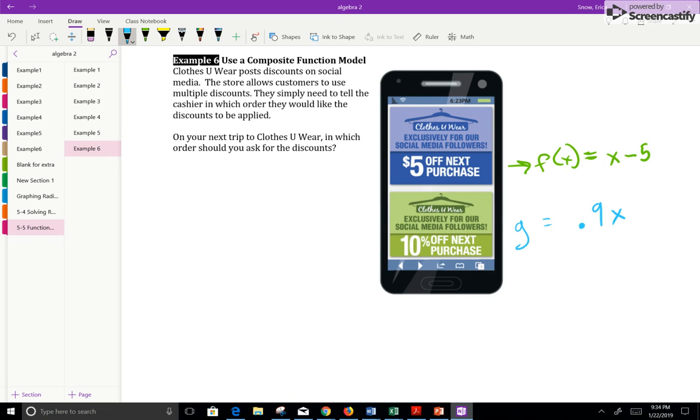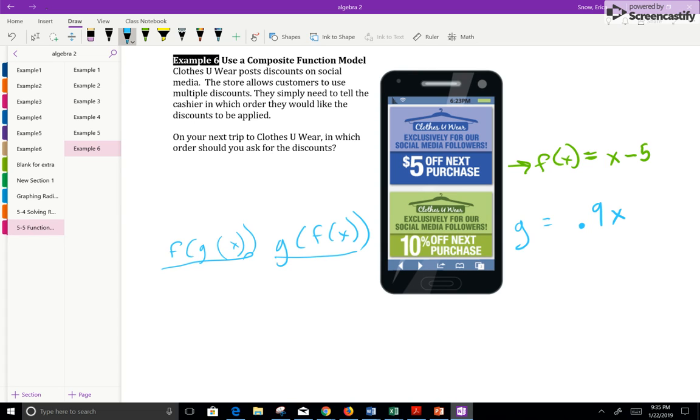Now what they're asking us to do is compare f of g of x to g of f of x. This one is where we plug in the g function to f, and this one is where we plug in f to g.